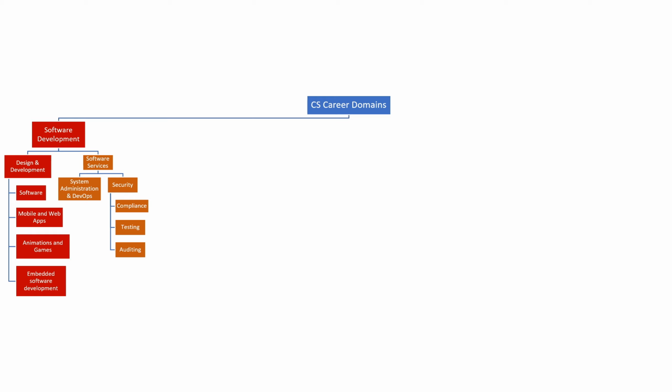If you see this, these blocks are colored slightly less intensely compared to the software development blocks. This requires a high to moderate level of coding experience.